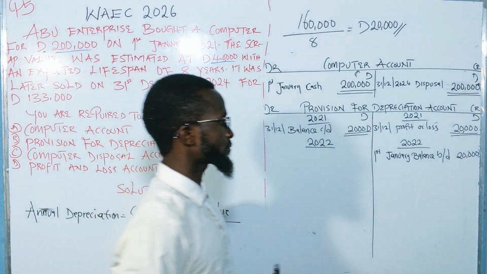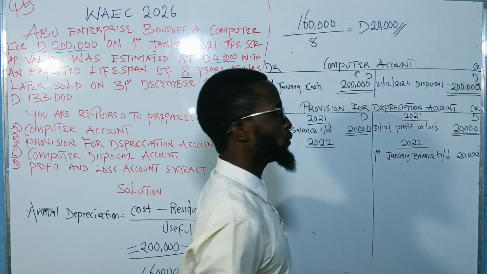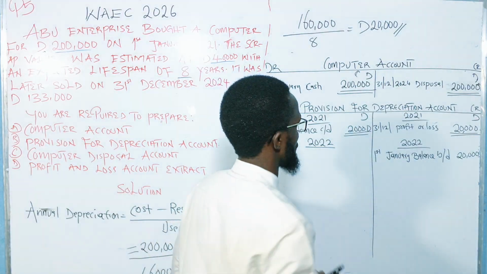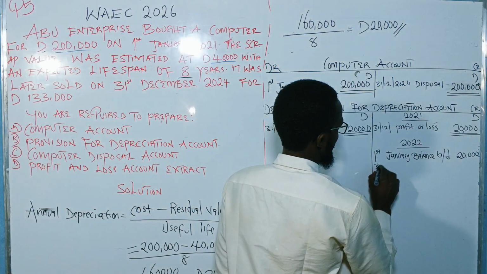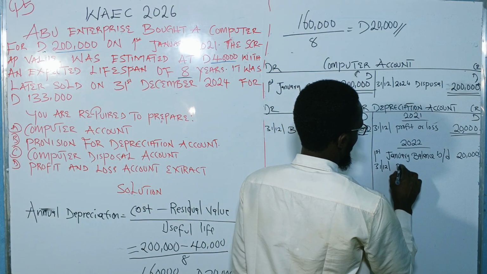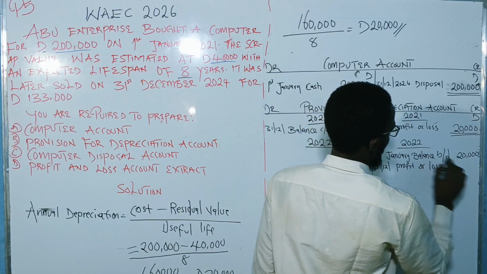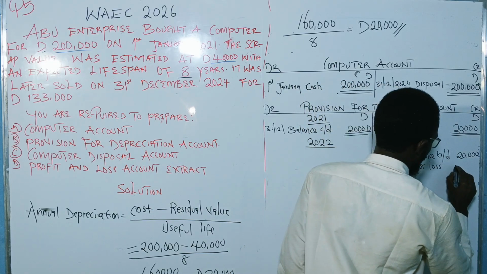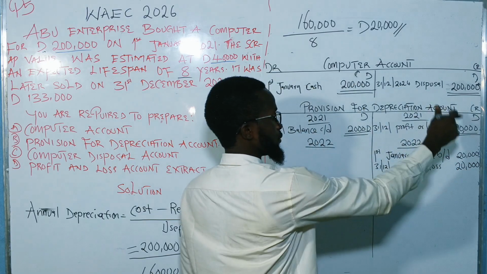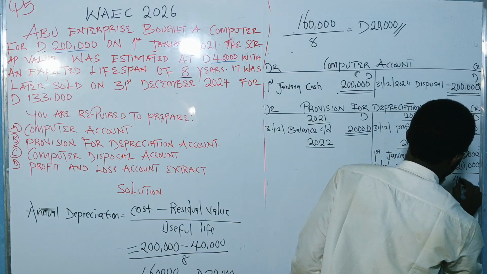Then you charge depreciation for this current year, that is 2022. Come and say 31st December, profit or loss. The depreciation remains unchanged at 20,000. Then you have the summation. 20 plus 20, you have 40,000.